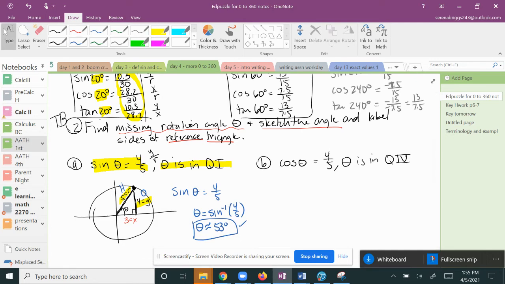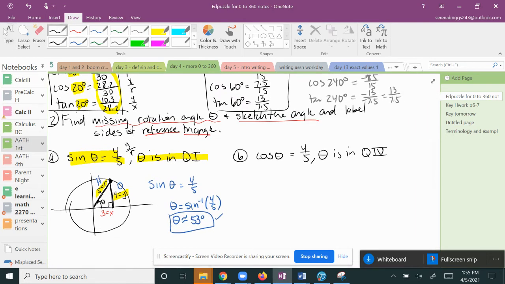Now I have to be very careful because on the next problem, my theta is in quadrant 4, and my cosine is x over r. My x is 4, my r is 5, but my theta is in quadrant 4. So I need to rotate this so that the terminal side ends in quadrant 4.